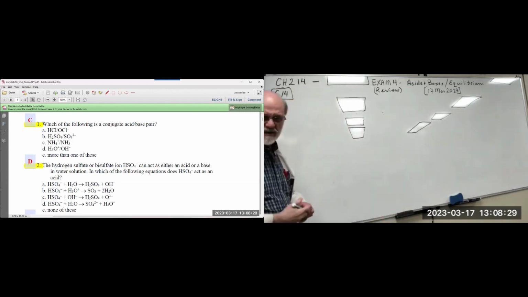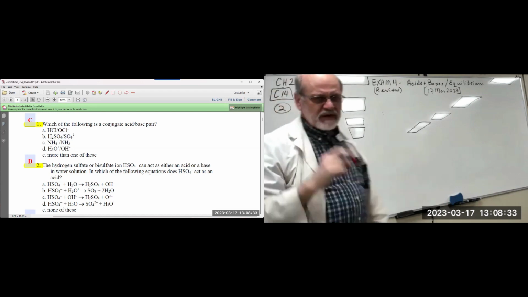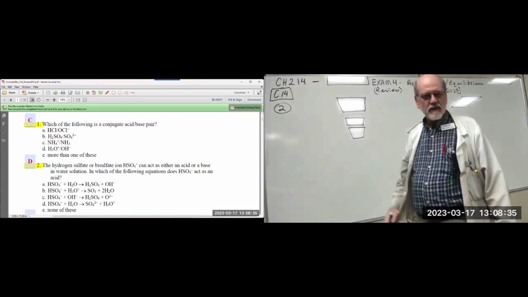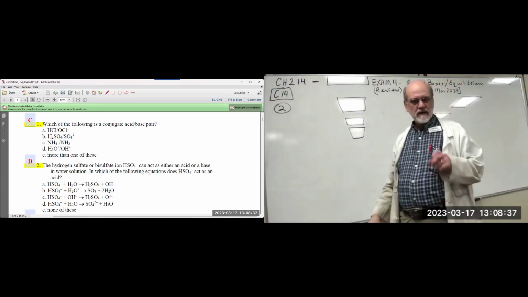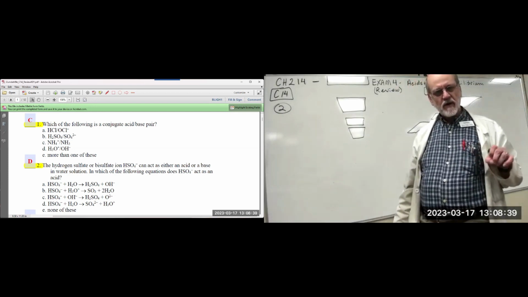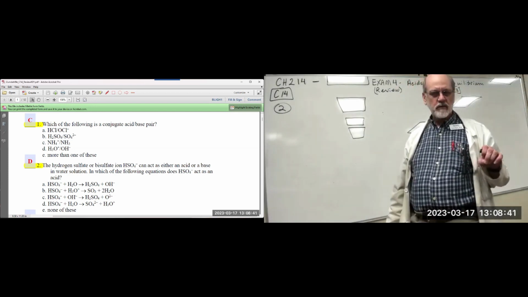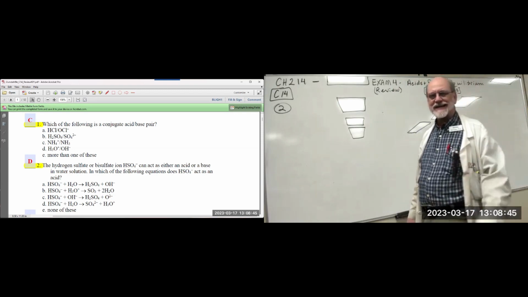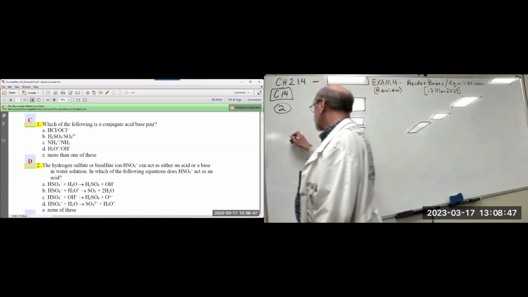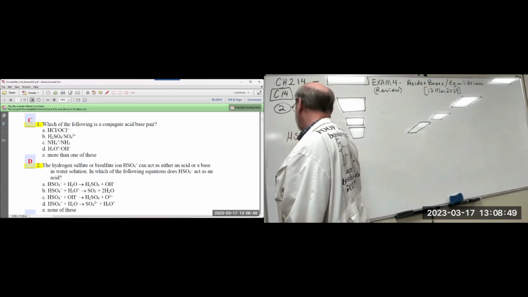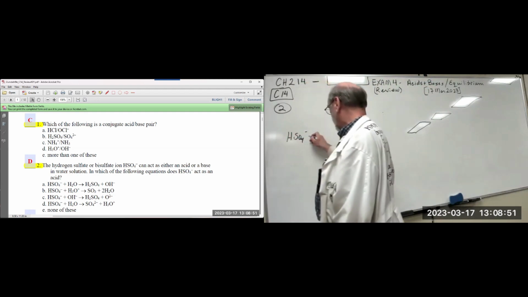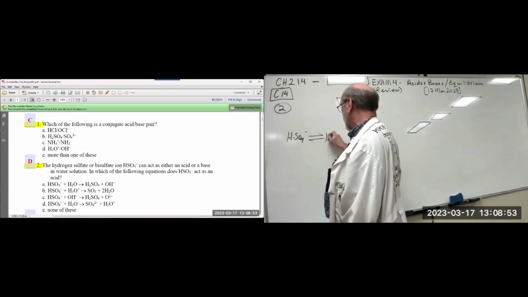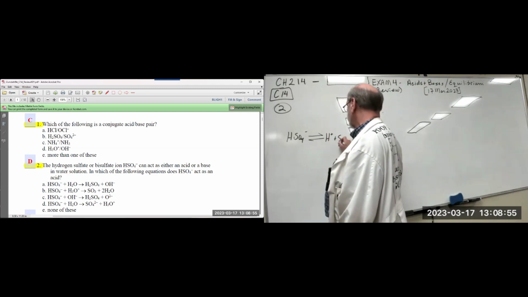Let's see, 2? Yep, 2. The hydrogen sulfate or bisulfate ion can act as either an acid or a base in water solution. Which of the following equations does HSO4 minus act as an acid? Okay, if it's an acid, then it has to release the hydrogen, it has to donate the hydrogen.